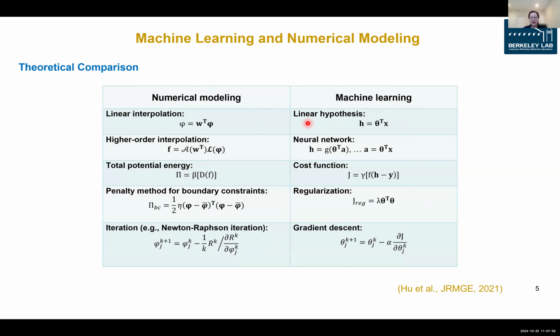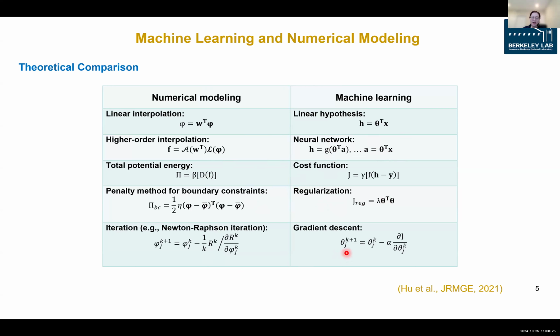This includes how we construct hypotheses with linear interpolation, higher order interpolation with a network of these functions, which can be not just linear, but any types of functions in a neural network. And then the cost function can be related to the total potential energy. And then there's a way to constrain the boundaries or the conditions as regularization.